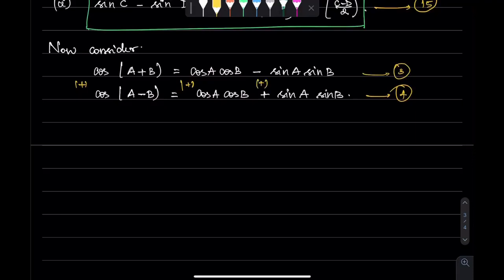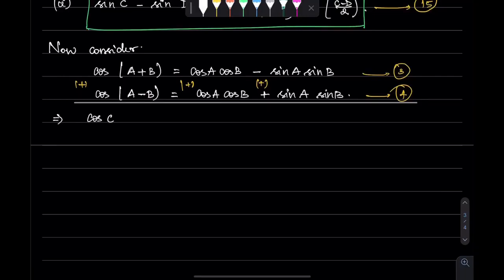What do I get if I add? Yeah, I think you guys have predicted already. So can I directly write it? Cos C plus cos D will be equal to, what happens? 2 cos, very good children, C plus D by 2 cos C minus D by 2, very good.